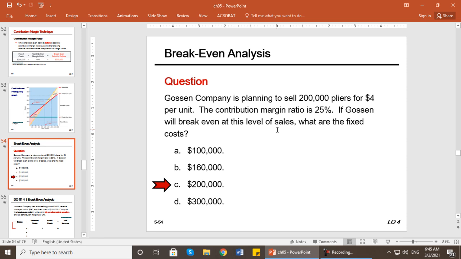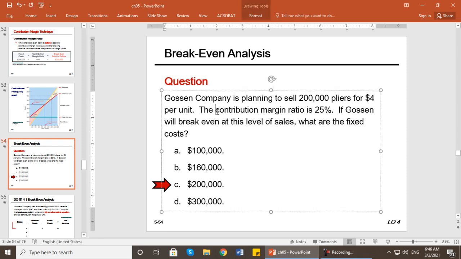If this level is the break even, it means the contribution margin equals the fixed cost.